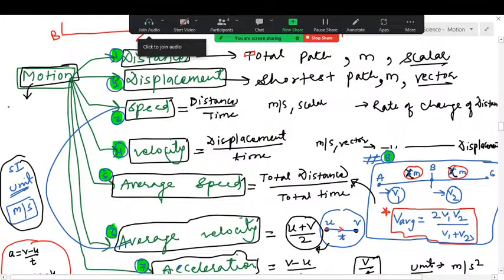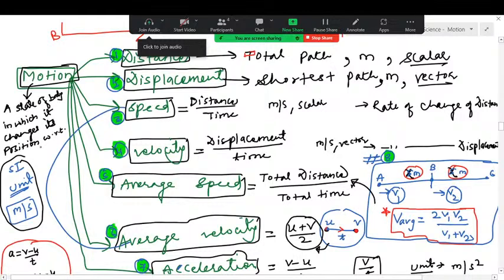You will define it like this: a state of a body in which it changes its position with respect to time.